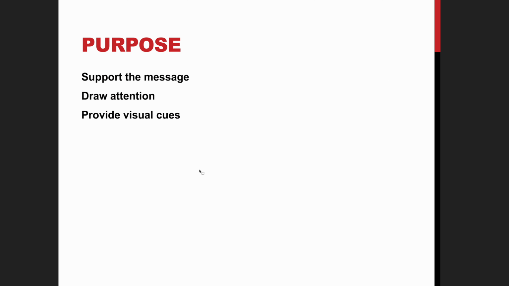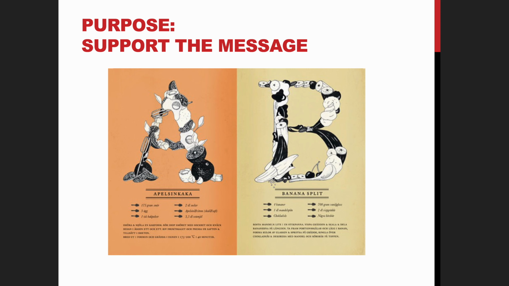So what's the purpose? Why do we have multiple ones? Well, the main reason is because you want it to support the message, draw attention, and provide visual cues. Those are the three important things you want from a typeface. First, you want to support the message. This is an extreme example, but this is a typeface that was created out of foods and cooking utensils.